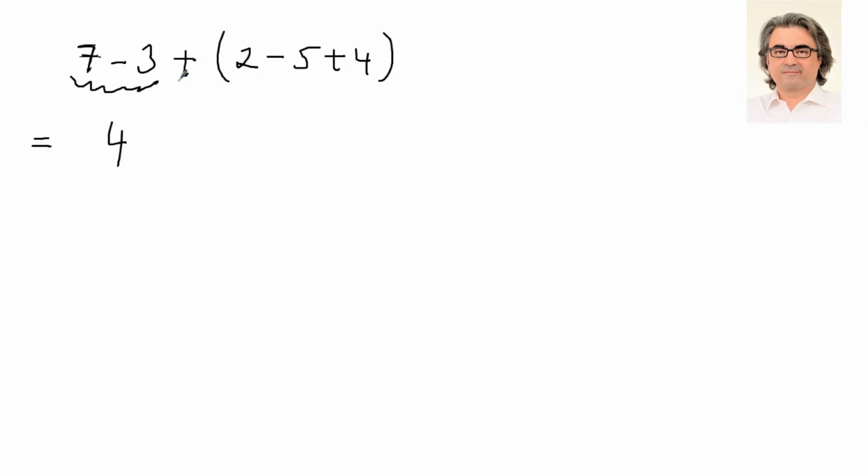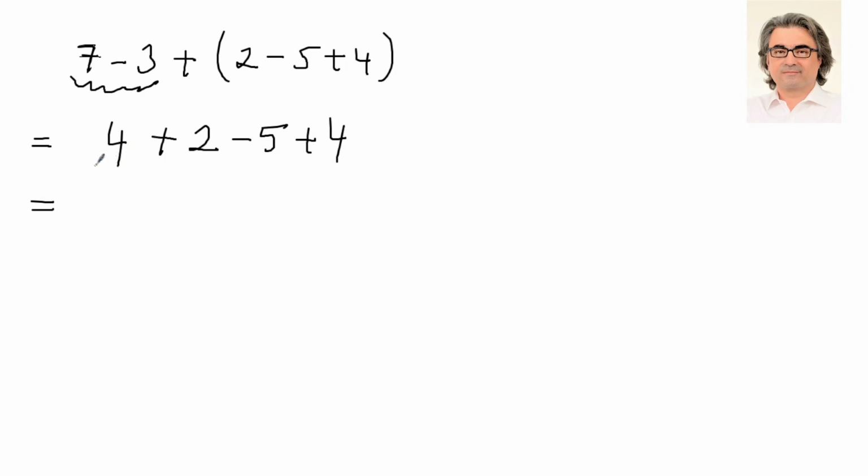And if a parenthesis has a plus sign in front of it, how may I remove the parenthesis? Write the numbers as you see in the parenthesis. The first number in the parenthesis is plus 2, so right here plus 2. The second is minus 5, right here minus 5. The third and the last is plus 4, right here plus 4 again.